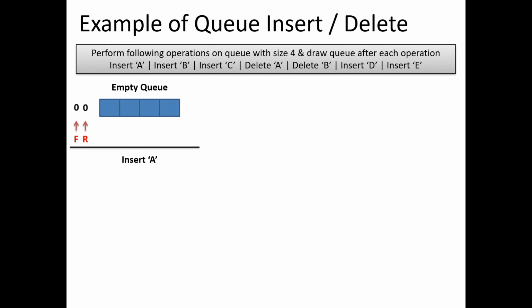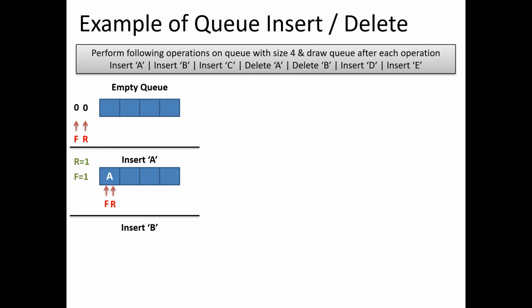Now insert A. So insertion is performed from rear. So rear is pointed at position 1. So R is equal to 1 and A is inserted into Q. Now our front is also pointed at position 1. So F is equal to 1.